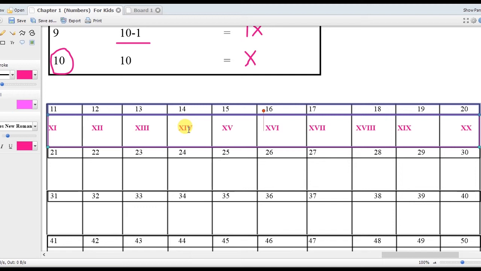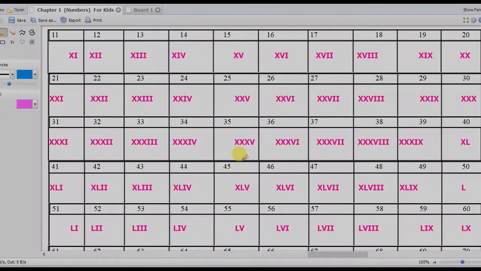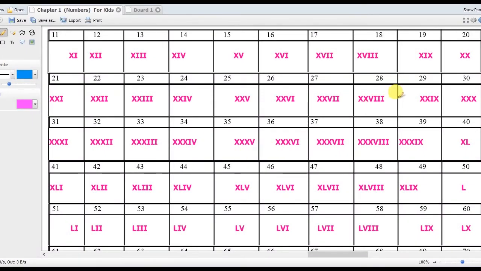Okay, let me just fill in all these blanks or boxes for you quickly, and then we'll solve few of them together. Here we go. So the Roman representation of number 20 is XX, right? Okay, now next number is 21.